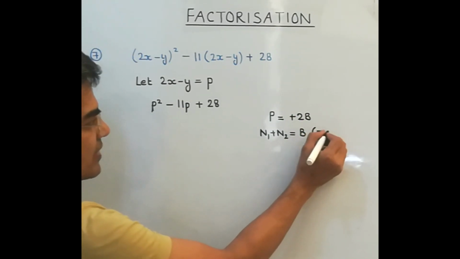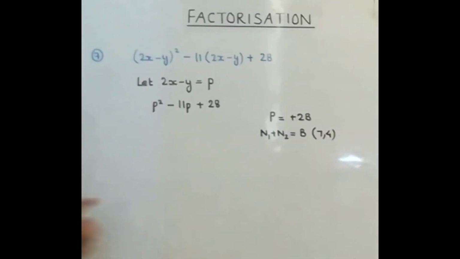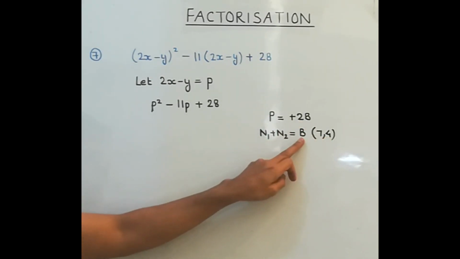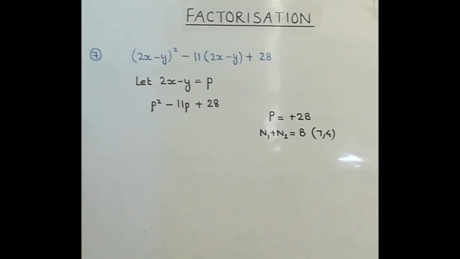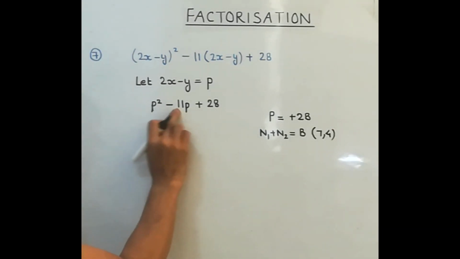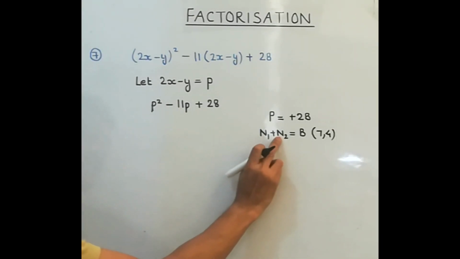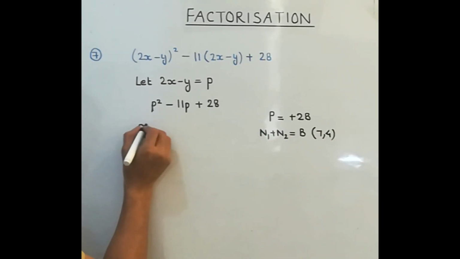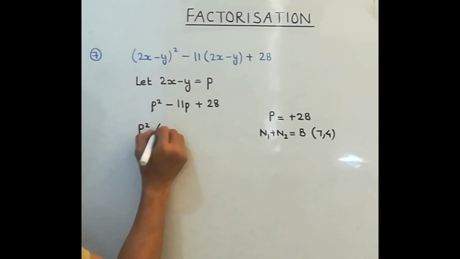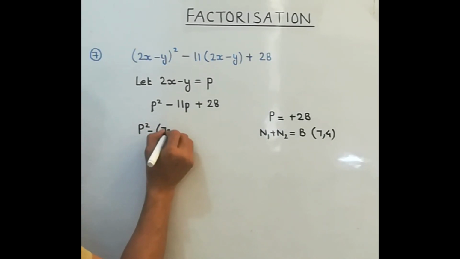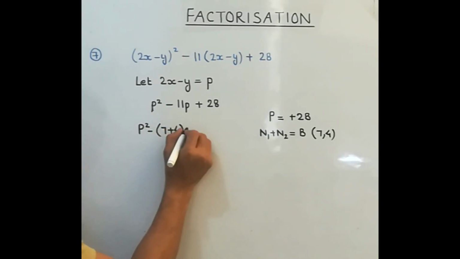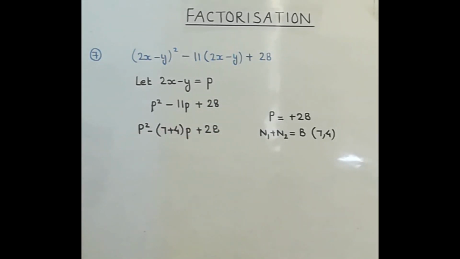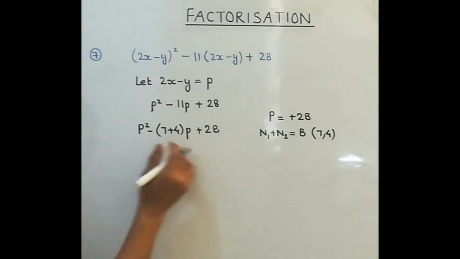So we can say 7 and 4, their product will be 28 and their sum will be equal to b, that is 11. Now in the next step, this b will be replaced by n1 plus n2, that is 7 plus 4. So this b will be replaced by n1 plus n2. Rest will remain as it is. See. Hope this is clear to you. Now for grouping, you will open this bracket.